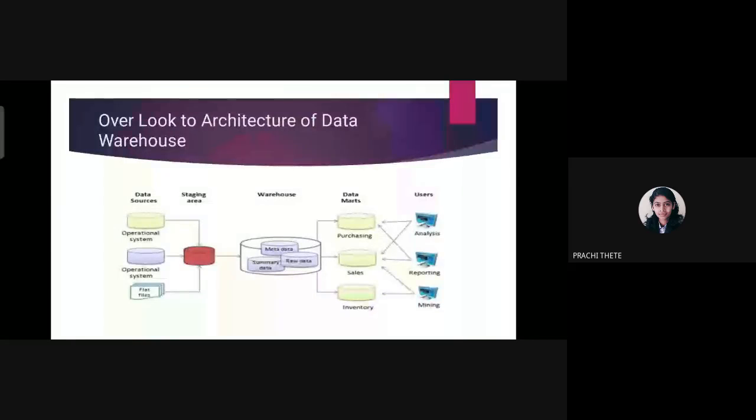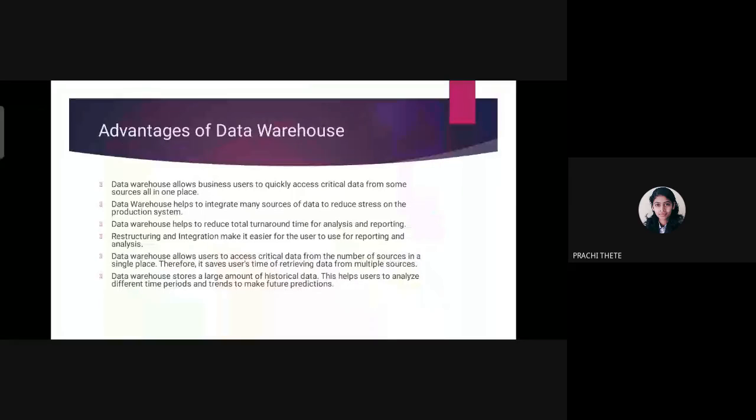Now the advantages of data warehouse. Data warehouse allows business users to quickly access critical data from the same source, all in one place. Second, data warehouse helps to integrate many sources of data to reduce stress on the production system. It helps to reduce total turnaround time for analysis and reporting.